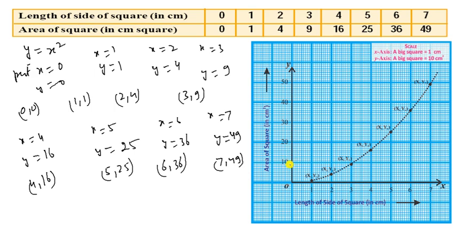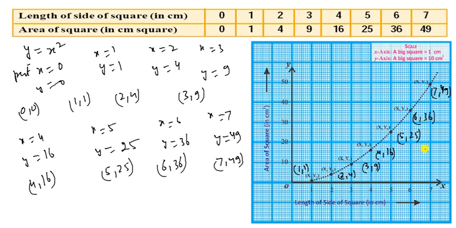So you can see here the point is 1, 1, so you can write here 1, 1. And the second, 2 and 4, so you can write here 2, 4. Then 3, 9, and this one is 4, 16, and here is 5, 25, and here is 6, 36, and this one is 7, 49.